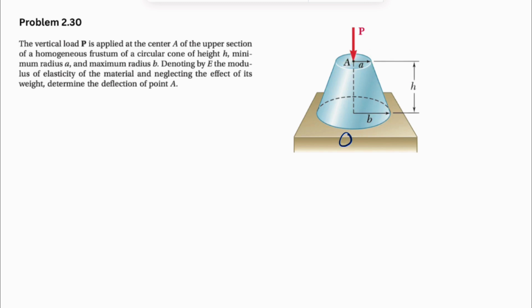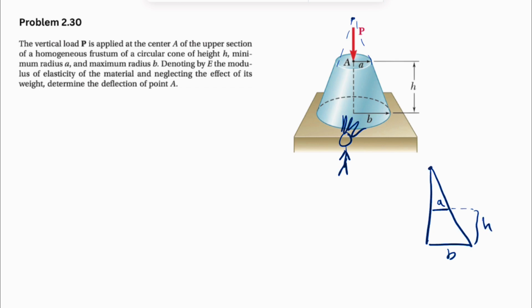So if I look at this frustum from here, I'm going to draw what we see in 2D. If we just continue this to make the full cone, we're going to see a right triangle in here where we have A in here, B in here, and we know this distance would be our h.